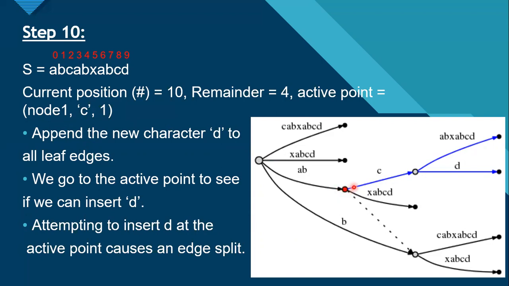Specifically, the edge starting with the character C after the first position. We will not find D. So now we have to insert D by first splitting this edge and inserting an internal node that points to D and also points to the previously existing set of characters.